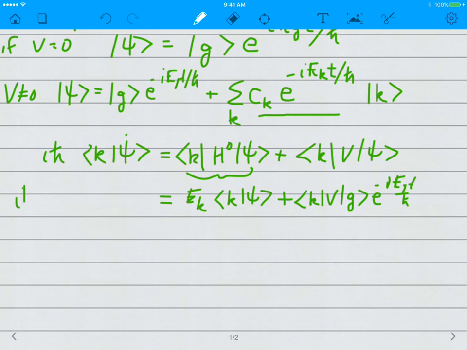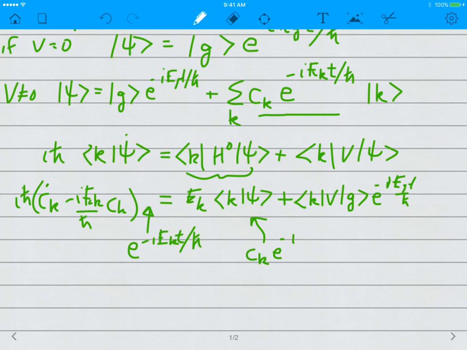So that's going to be i h bar c_k dot minus i E_k over h bar c_k, times e to the minus i E_k t over h bar. And similarly, this <k|psi> is c_k e to the minus i E_k t over h bar.